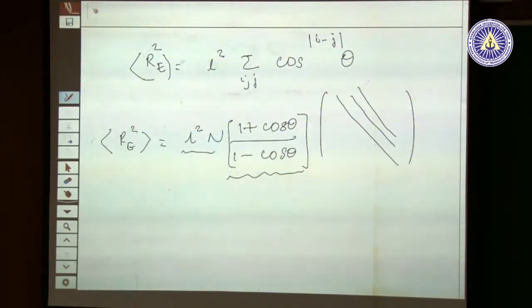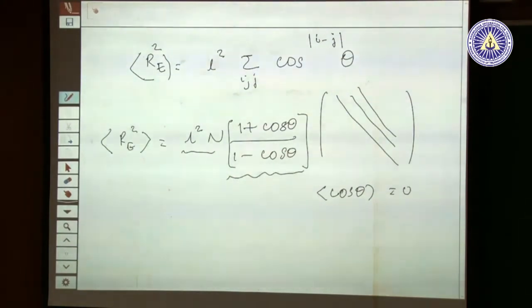So, if you make it stiffer and stiffer, and it cannot have a lot of freedom in this angle that it can take, it becomes a longer and longer end to end vector. So, if I had, on the other hand, like you said, if the average of cos theta was 0, it is a random chain, then this term would drop out and you are back to the freely jointed chain, L squared n.